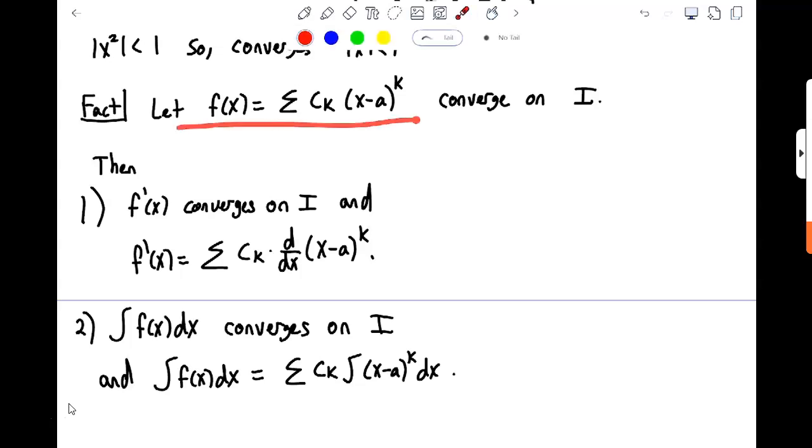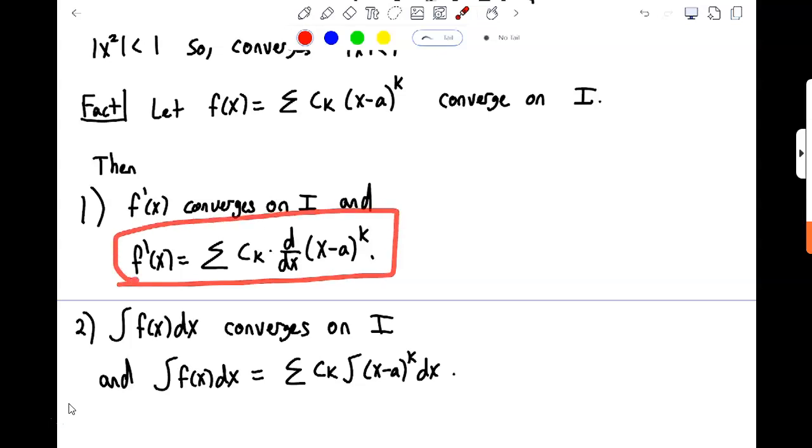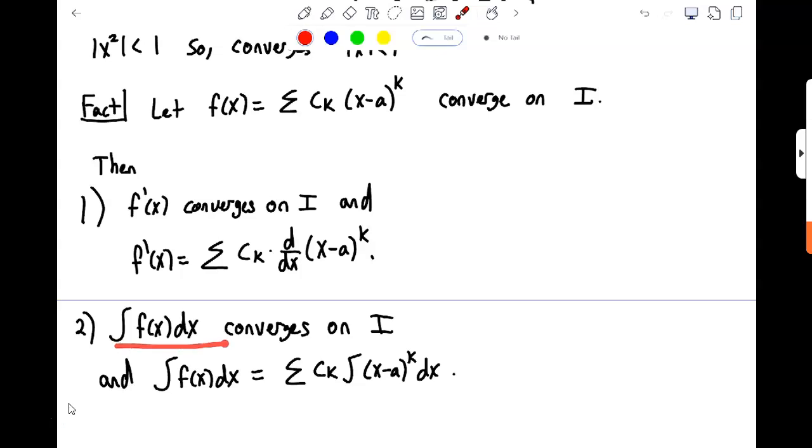If you have an infinite series that converges on some interval I, then the derivative of that function will also converge on I, and its series is just the term-by-term derivative of the power series, that infinite polynomial. And likewise, the integral will also converge across that interval I, and the integral is just the term-by-term integral of each of those different powers of x.